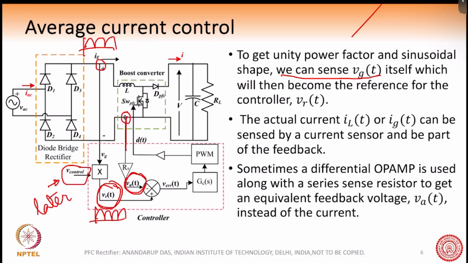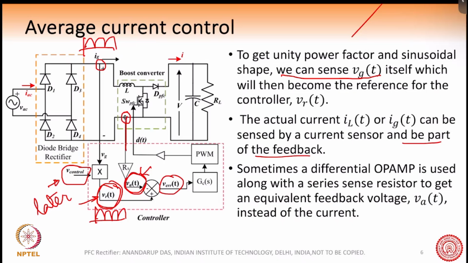This is part of the feedback system, right? So we have this VRT as the reference and the VAT as the feedback, and therefore the error in the voltage can be fed to the controller.